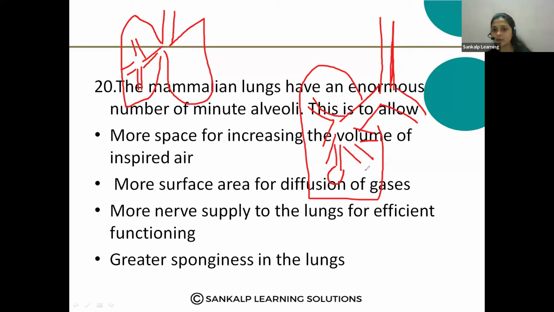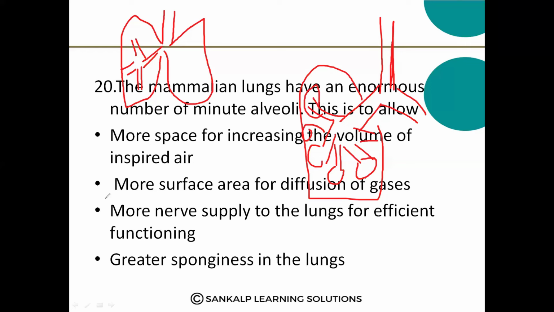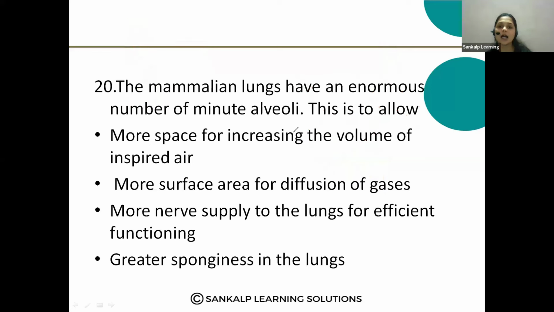At the end of the bronchioles there are numerous small balloon-like structures. What are they called? Alveoli, right? What is the function of these alveoli? They are large in number and connected to blood vessels, where the exchange of gases takes place.